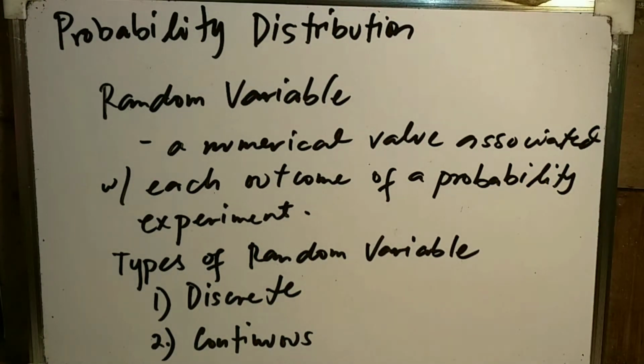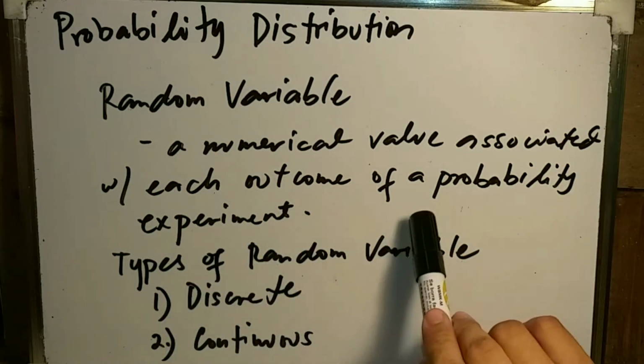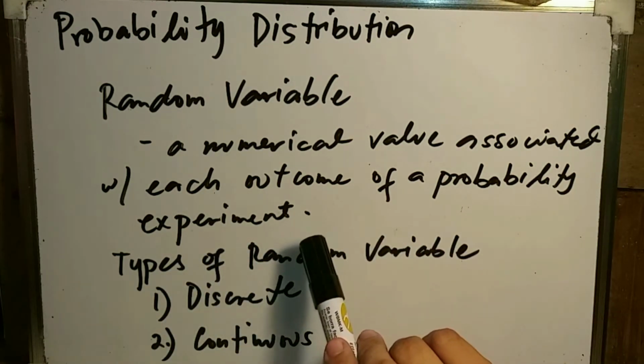Okay, so let's have probability distribution. The first thing that we need to know in probability distribution is what we call a random variable. A random variable is a numerical value associated with each outcome of a probability experiment.